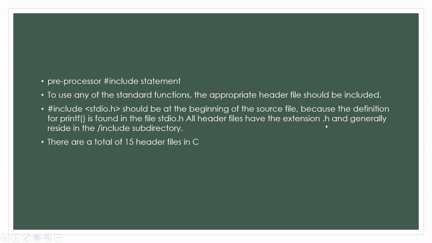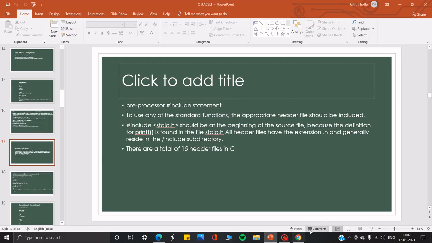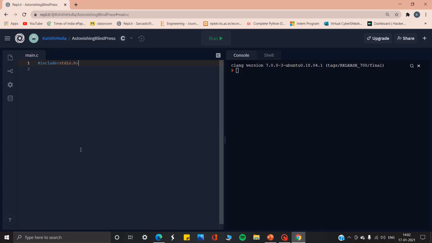Most of them have .h as their extension, and they generally reside in the include subdirectory. There are a total of 15 header files in C. Whenever you create a project, first you must go for the header file.